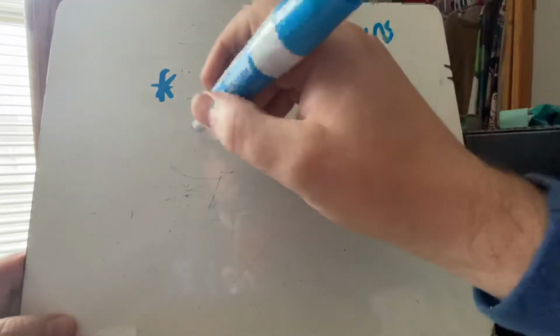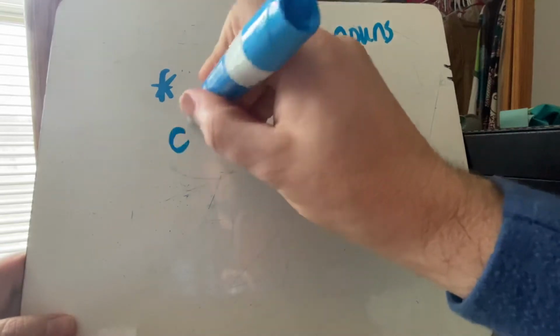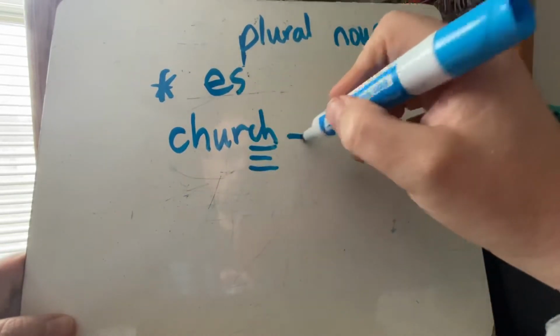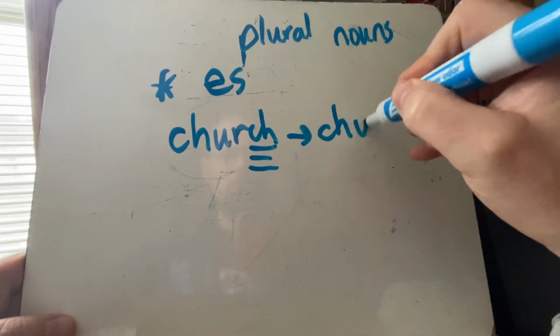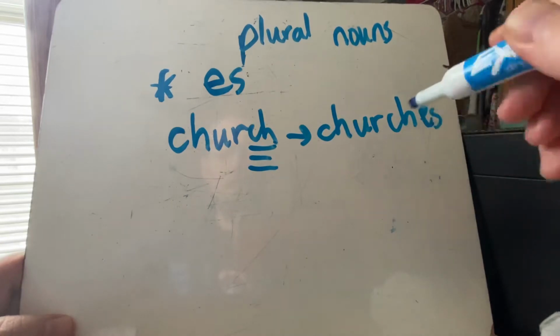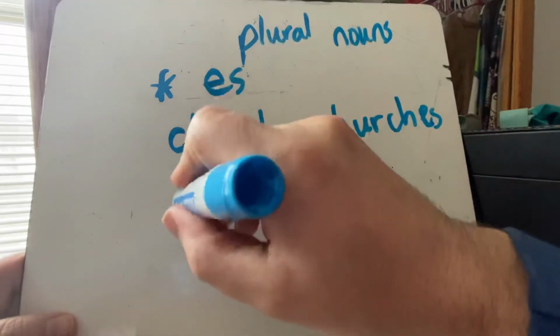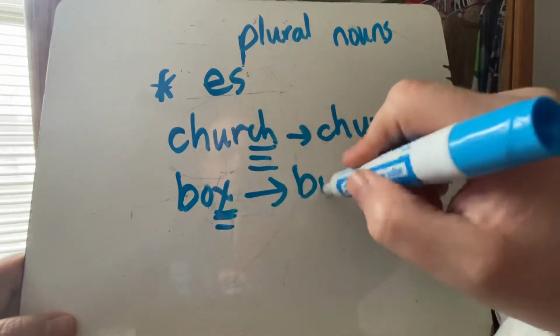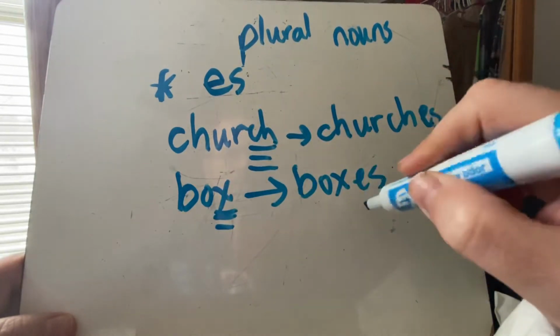If it ends in CH, church, church as, you can hear the ES sound on that. Box, if it ends in X, boxes.